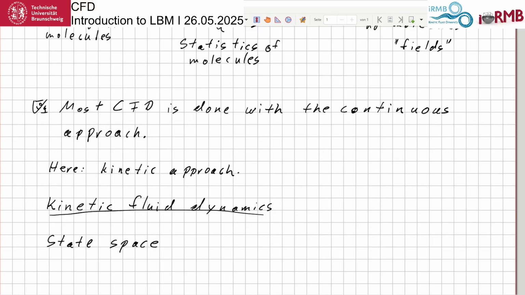So, there is a state space that we have to consider, and this state space is the spatial, the location. It's always strange to say spatial space. This is just what we usually consider to be space. But we have to name it because, in addition to this, we have the velocity space.